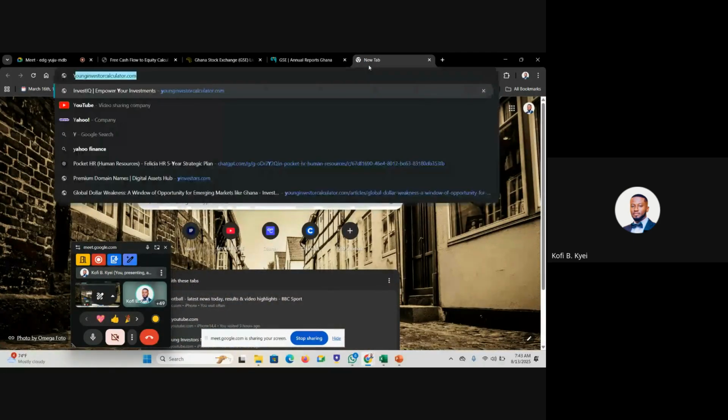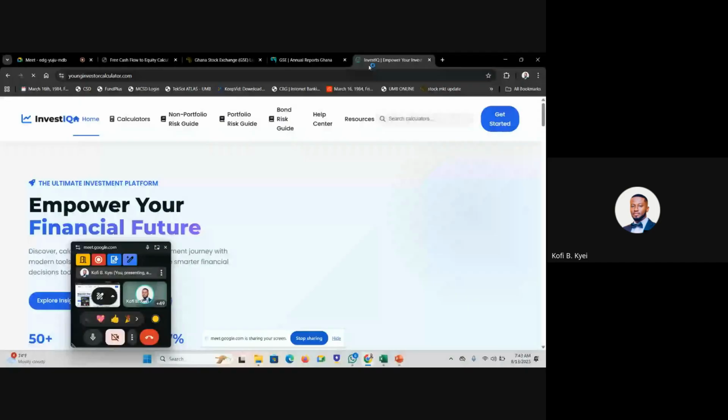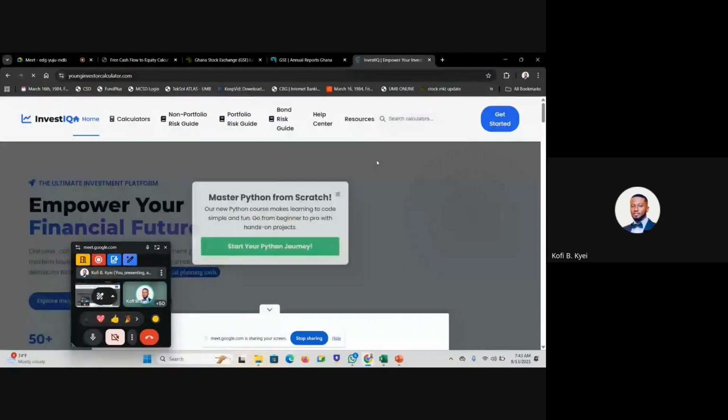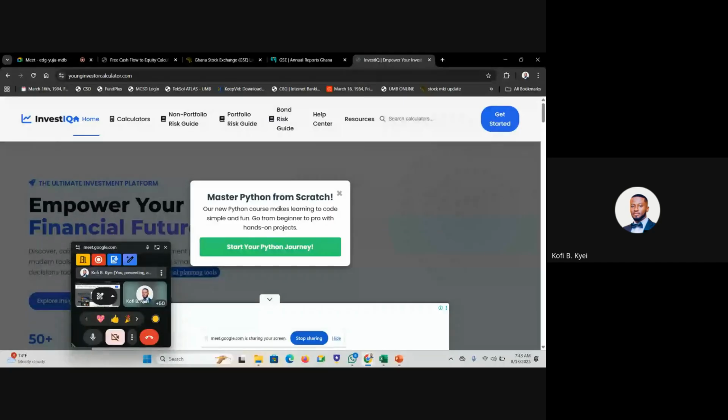Now, Young Investor Calculator, where we have all calculators listed. Once you open it, you see a pop-up that is saying master Python from scratch. So if you want to learn how to use Python to build your own IT stuff, software, web app, and so on, you visit the page and you learn.